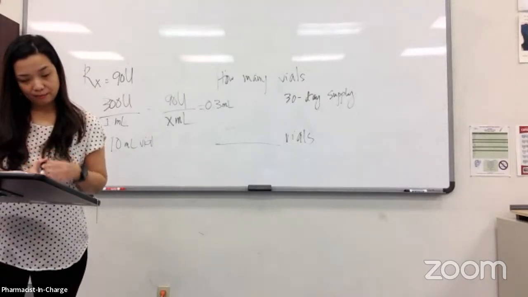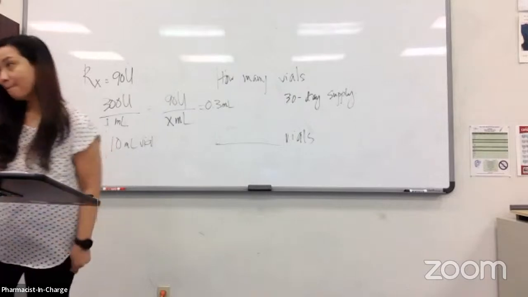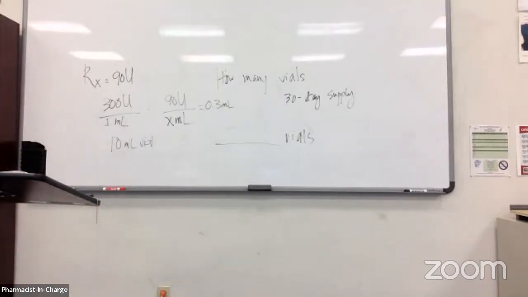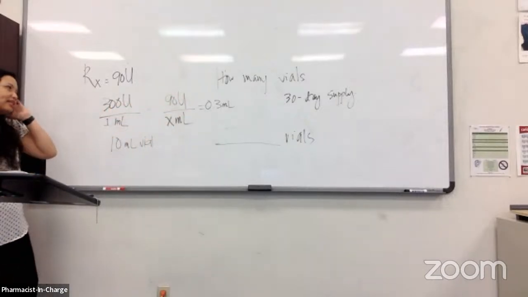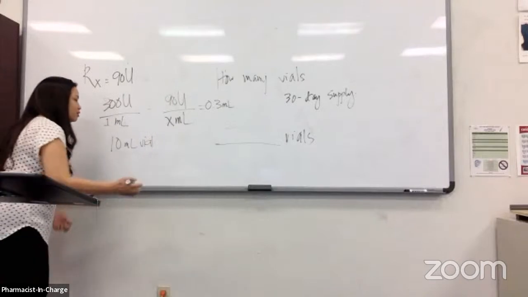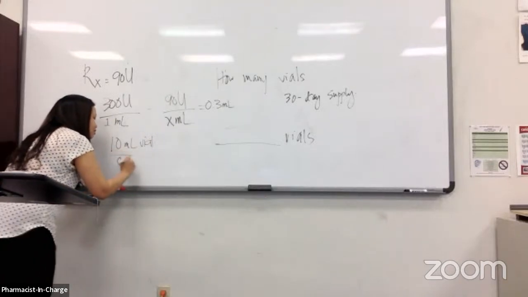Read the problem. Once you've done this, what's the next step? I heard people say 10 ml divided by 0.3, correct?